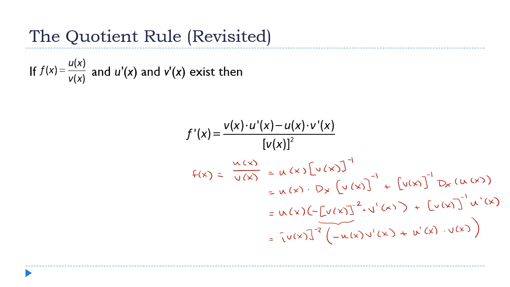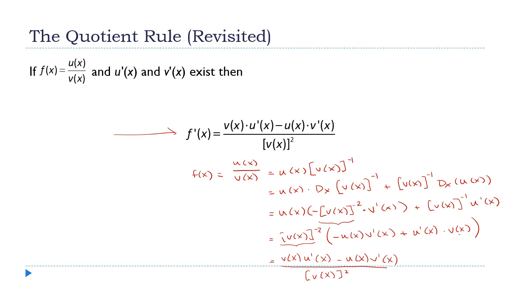And you can confirm that again. Distribute this back in. V of x to the negative second times v of x to the first is v of x to the negative first. Take this part, move it down to the bottom, over v of x squared. And on the top, I'm going to rearrange. I'm going to put the positive one first: v of x u prime of x minus u of x v prime of x. And you can see that is our quotient rule.